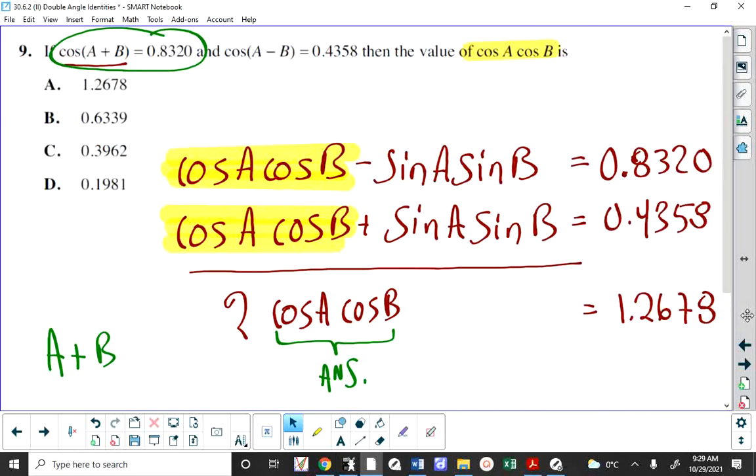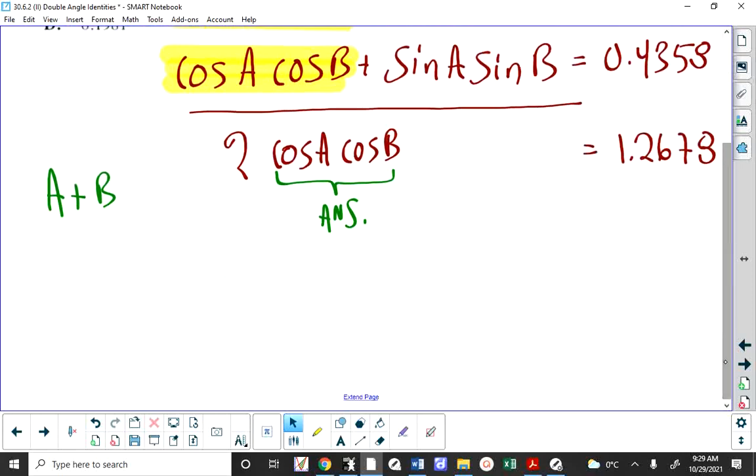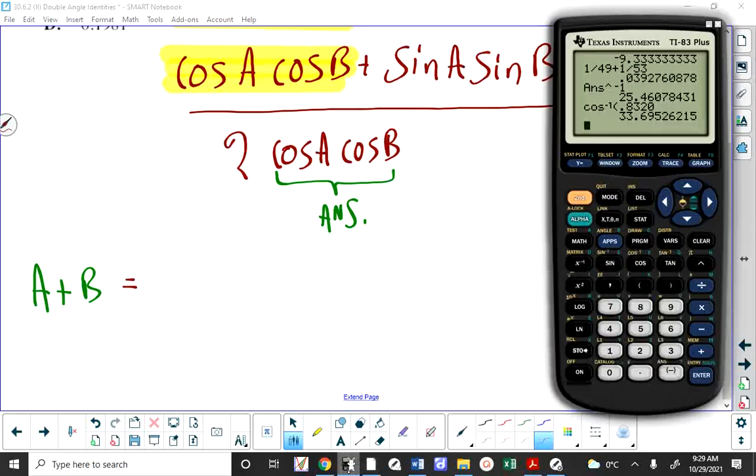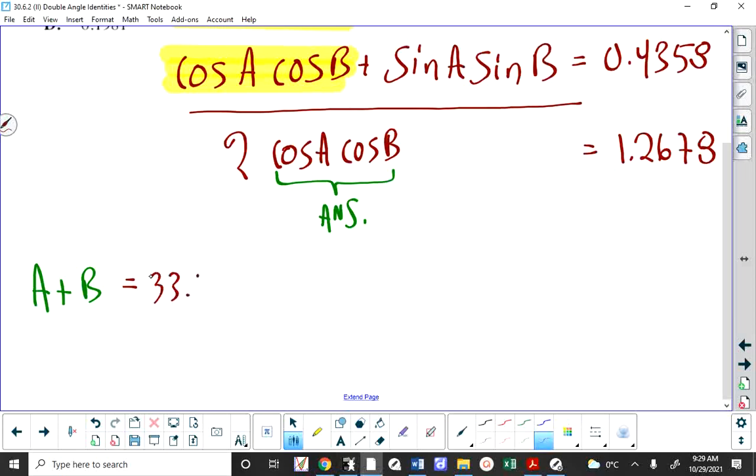So I'm going to have to organize my thoughts here. A plus B is that number, 33.695 degrees, and I'm going to store that as letter D. I'm just going to store it in my calculator, so I know some of you are good at just scrolling up and grabbing different numbers.